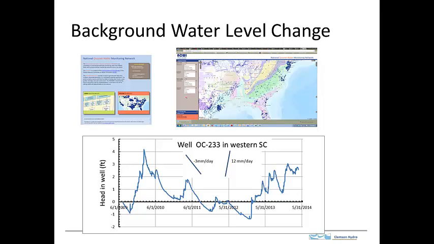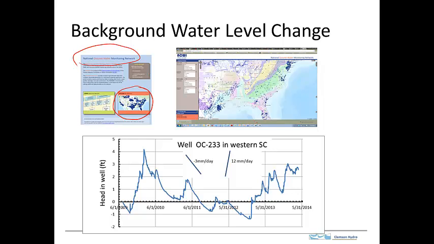So what we need to do is take a look at, first of all, what are some of the things that might cause the head to change in a well, and what is happening in, for example, the wells around here. So I went and got some data from the USGS, and if you take a look at the National Groundwater Monitoring Network, the USGS has a set of wells over the US, and they're shown here, where they're monitoring the heads and the data are readily available.